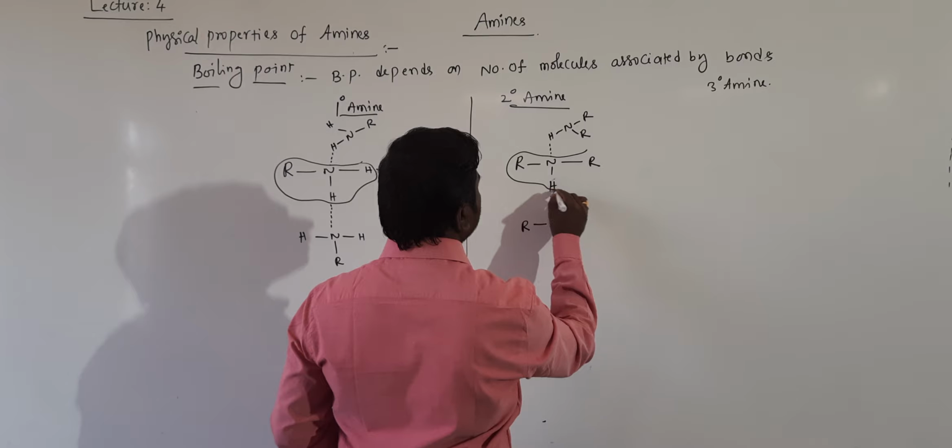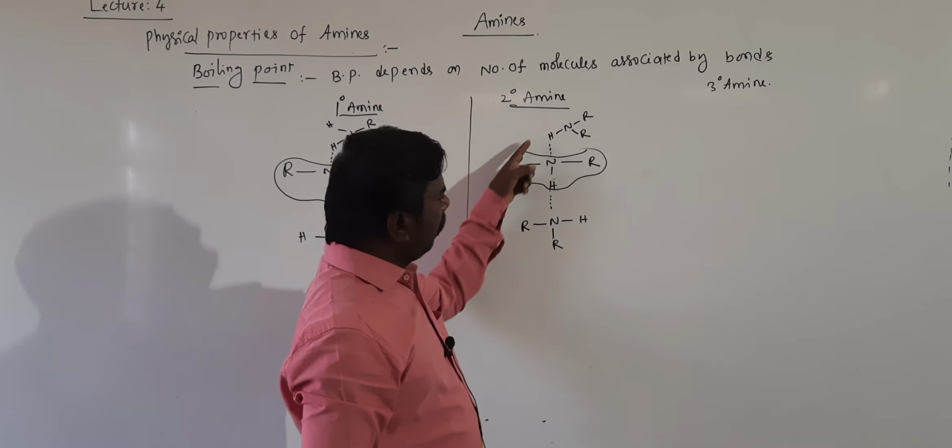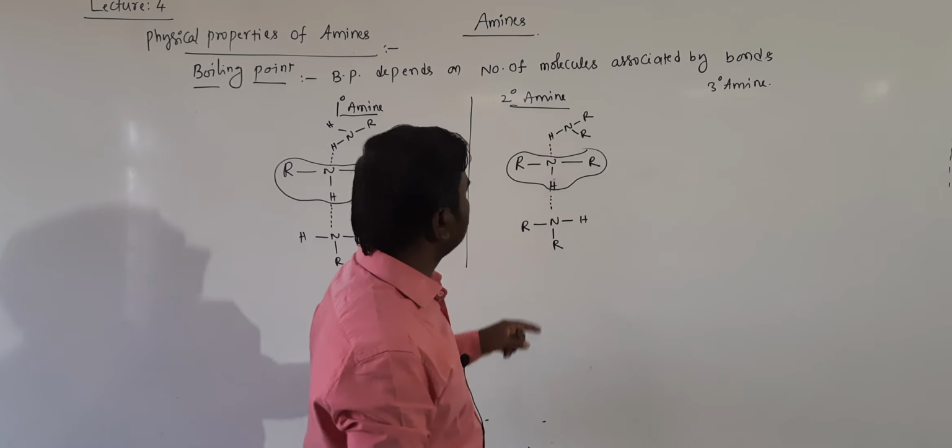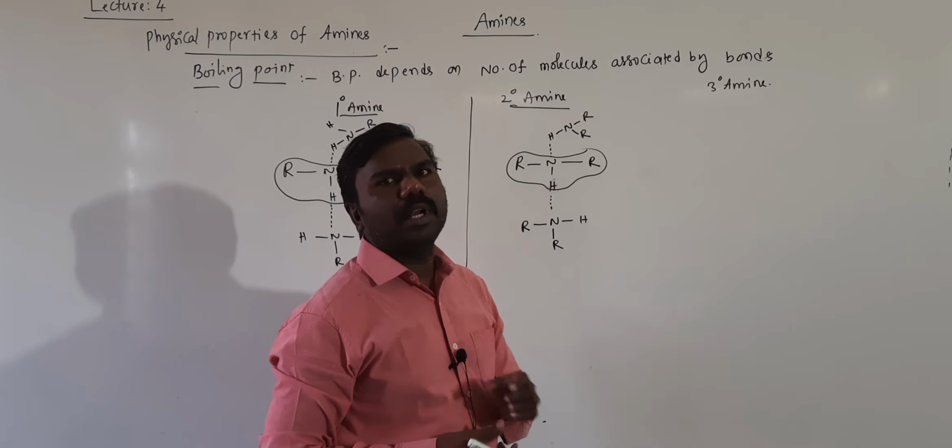Similarly, here it is the secondary amine, R2NH. It has only 1 N-H, so the chance to exhibit is only 2 hydrogen bonds, because only H and N are involved in hydrogen bonding.